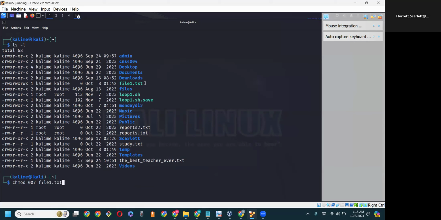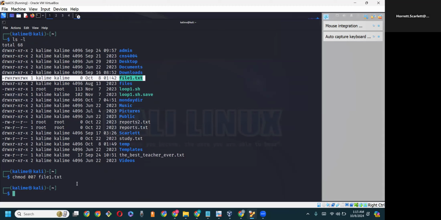So now, just so we see what is happening, right now everything is set for the user, the group, and others. But what we're trying to do now is to remove everything from the user and the group, but leave all the bits set for others.